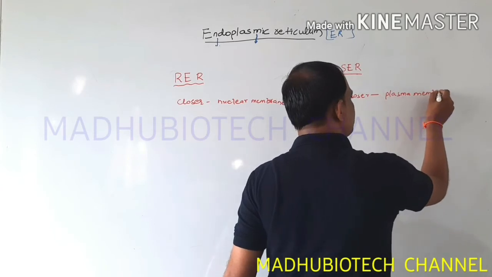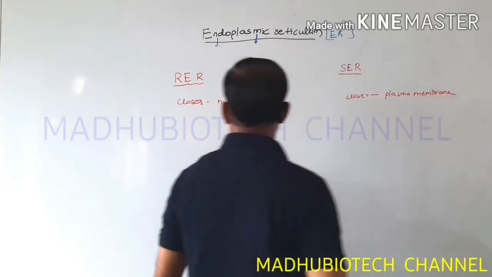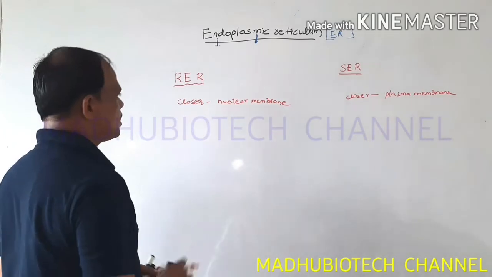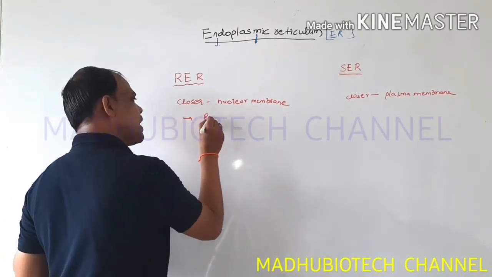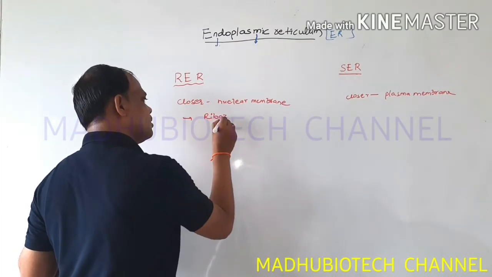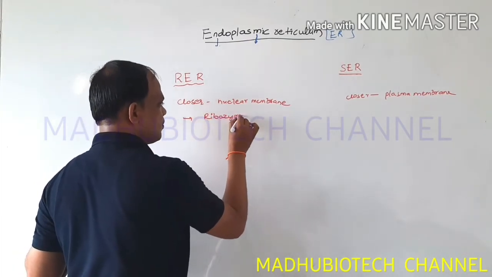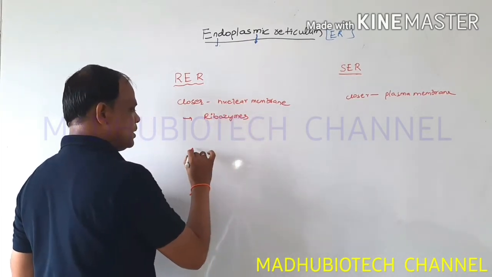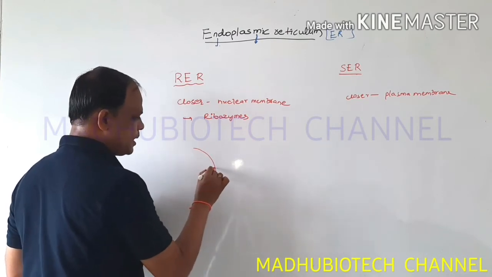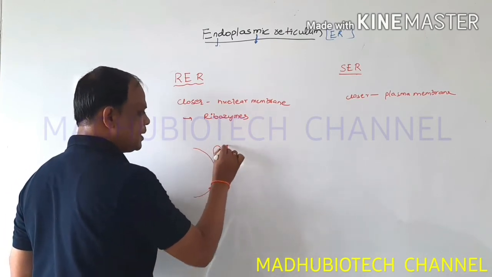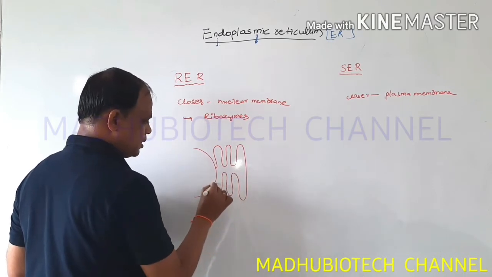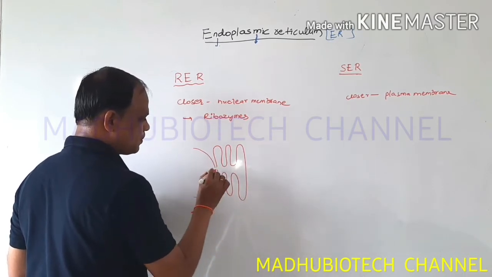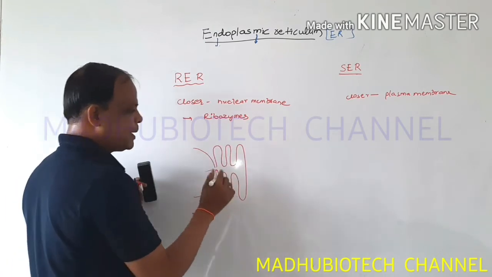The rough endoplasmic reticulum contains ribosomes. Here the nuclear membrane can develop into this type of endoplasmic reticulum. Such a type is also called rough endoplasmic reticulum.